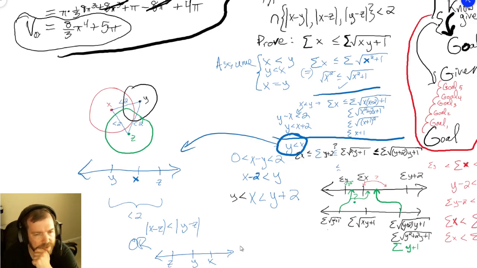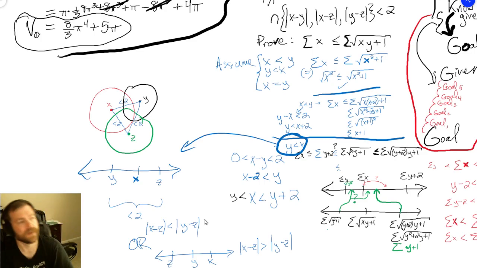In this case, distance between x and z is going to be greater than distance between y and z. Okay. We might have to split that up into two separate cases and then figure out how that works. That will be interesting. All right.